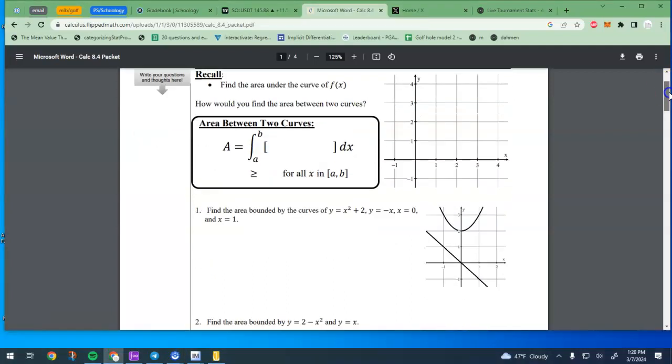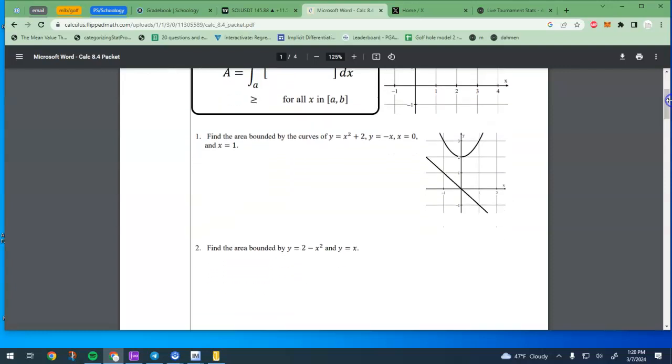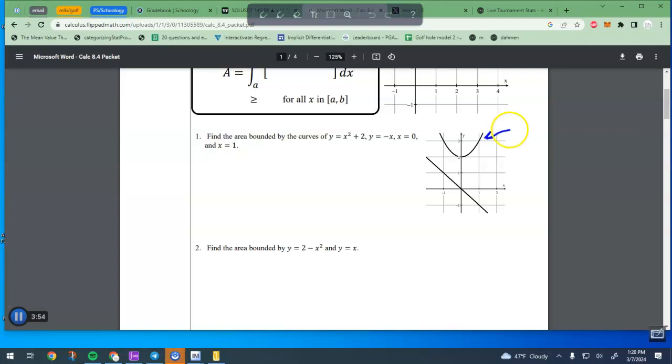this is also calculator active. So find the area bounded by these curves. So that's y equals x squared. That's y equals negative x. And then we got these two, x equals 0 and x equals 1. What are those? Don't say straight lines, because every line is straight, so that doesn't mean anything.